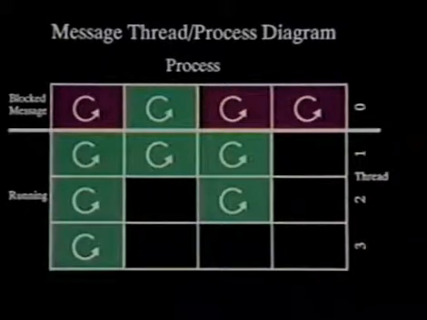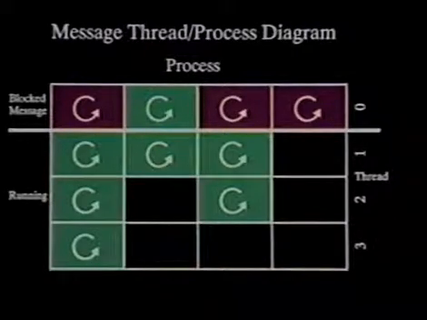What's on the screen now is my diagram for dealing with the message process diagram. Above the line on the screen, marked with a 0, are the threads of control that are processing message queues. Those threads of control that are processing message queues, only one thread is executing at any one time.